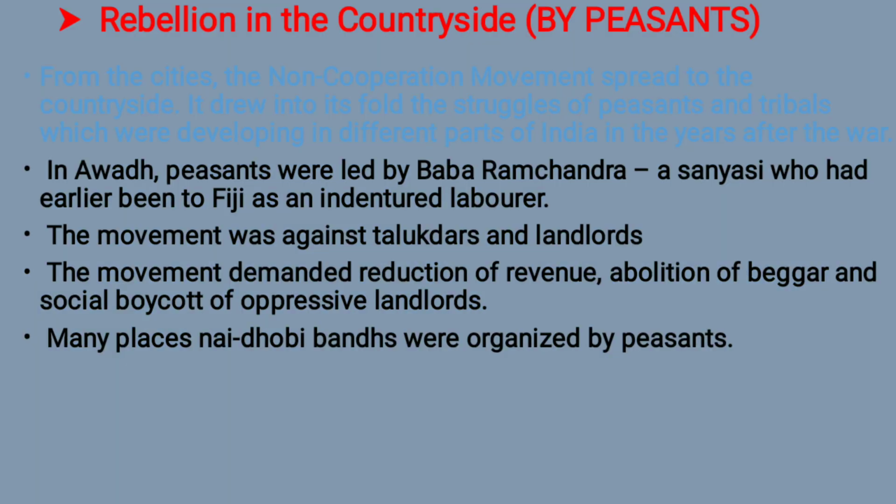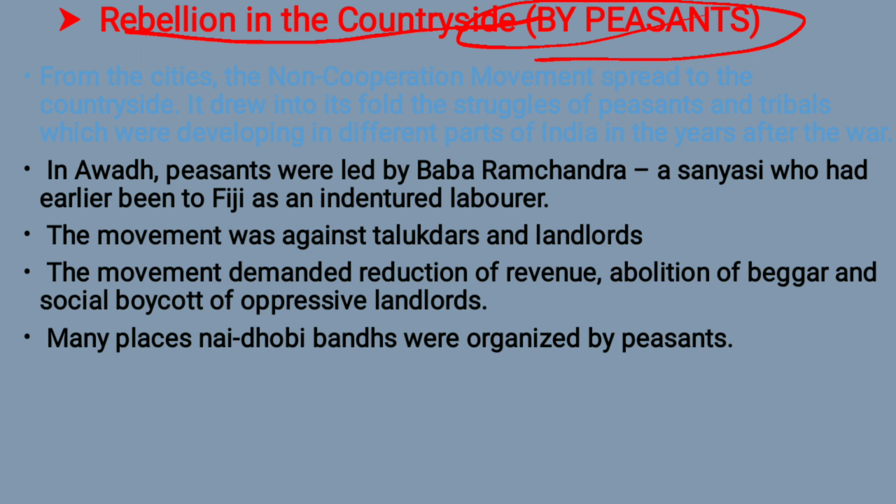Next, what was the impact on the peasants? Rebellion in the countryside. From the cities, the non-cooperation movement spread to the countryside, more powerfully.